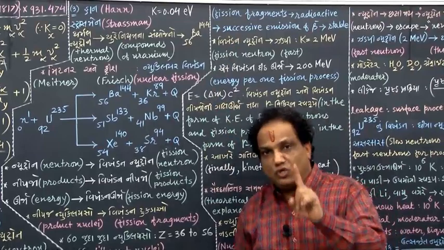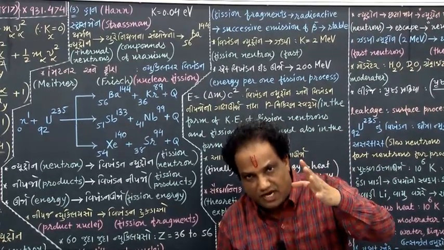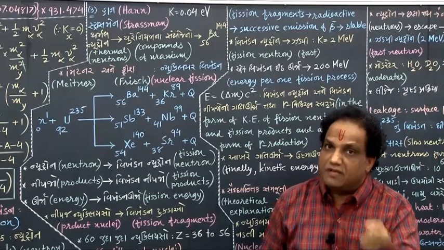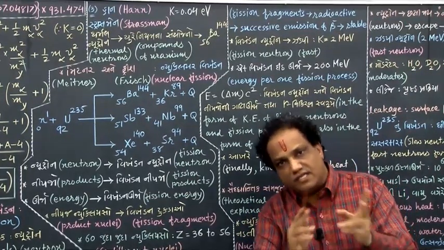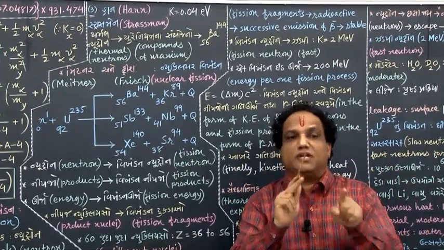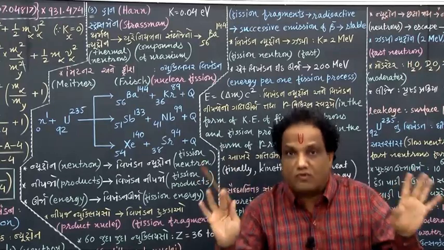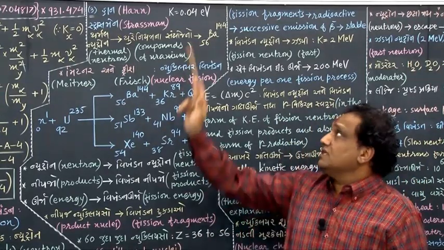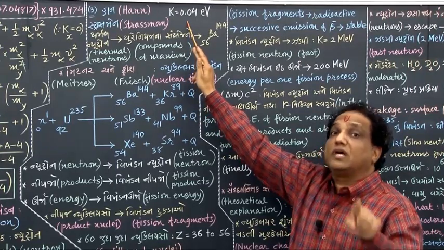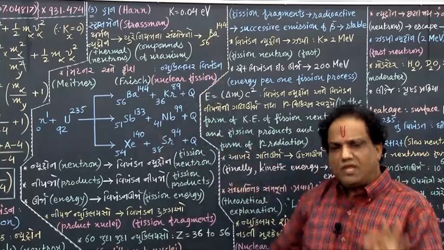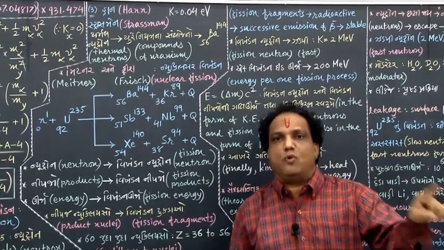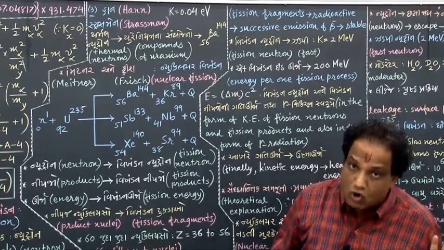Such neutrons do not give up energy to the surroundings, and they do not absorb energy from the surroundings, because their energy and the surrounding constituent particles' energy are the same. That is why such a neutron is said to be under thermal equilibrium. Such neutrons are called thermal neutrons. In short, thermal neutrons have kinetic energy of nearly 0.04 electron volt.